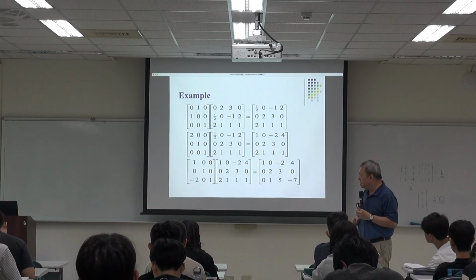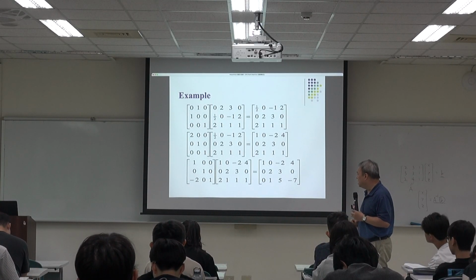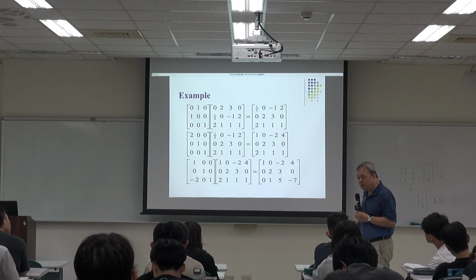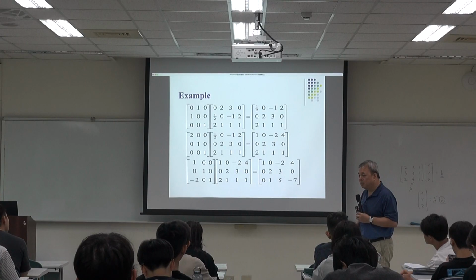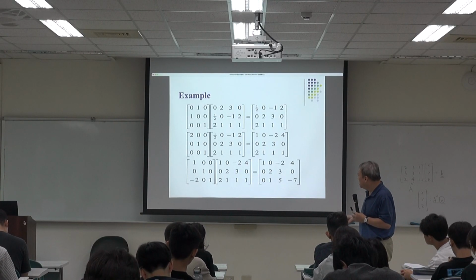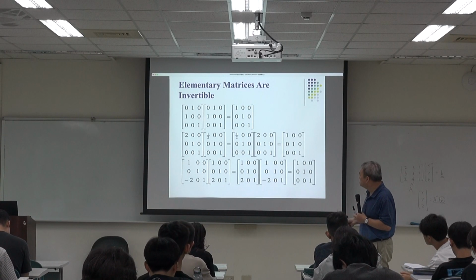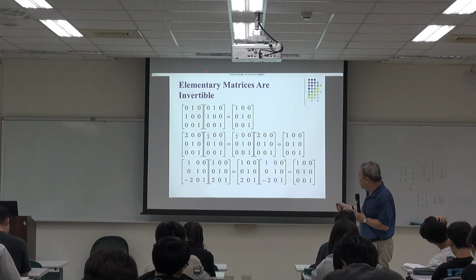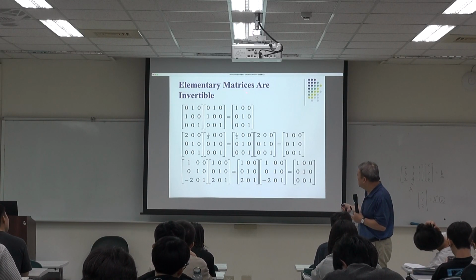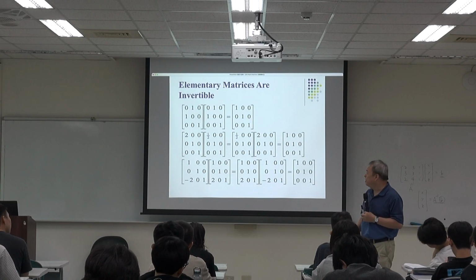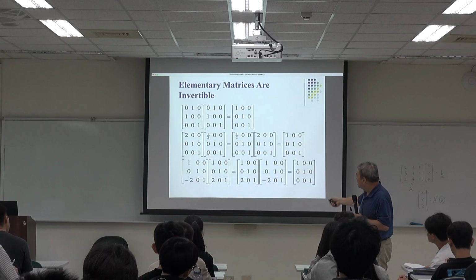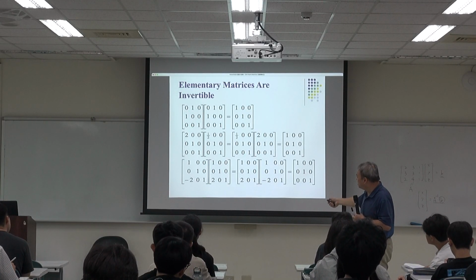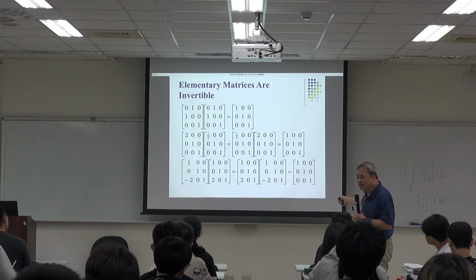So this is important because all these elementary row operations now become matrix multiplications. And also, these elementary matrices obviously are invertible, right? For example, you swap the first row with the second row. You can swap it again to get the identity matrix, right?